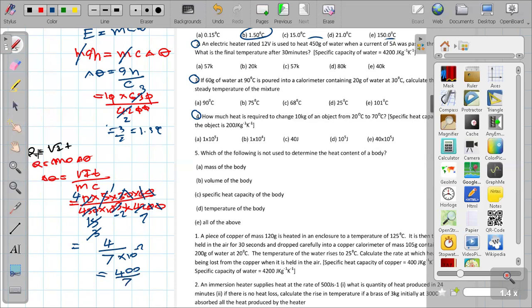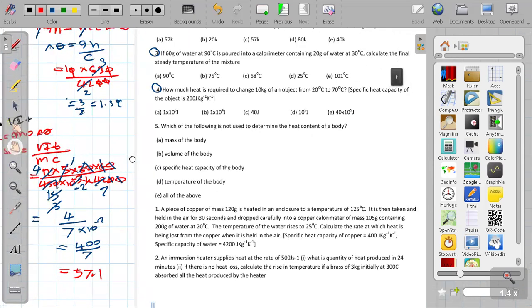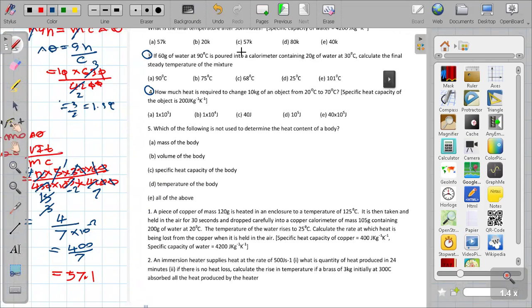So let's check how many 7s are there in 40. 7 times 5 is 35, 5 remaining, that means 57.1. So there should be an answer here. It is 57 Kelvin. Okay, 57 Kelvin. Did you guys get this answer or no?